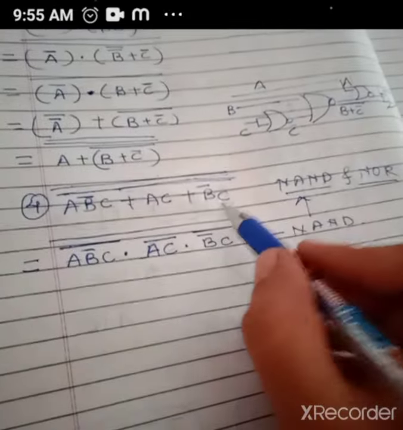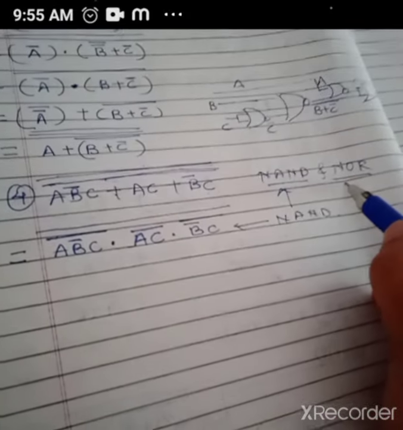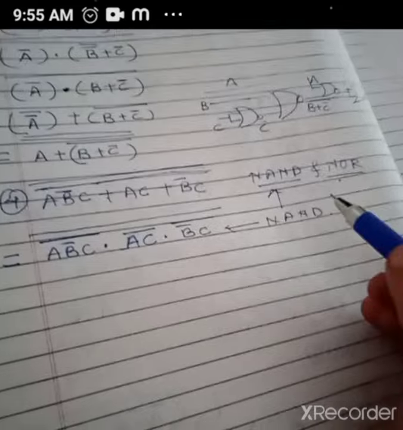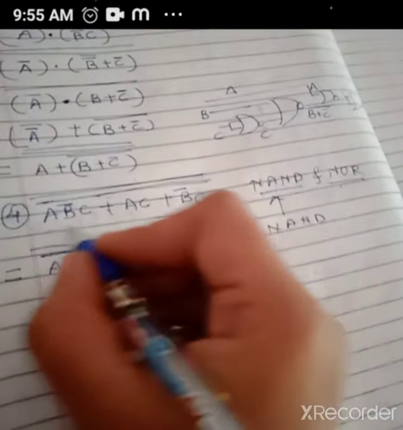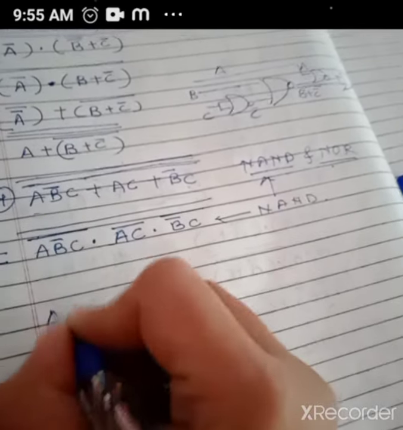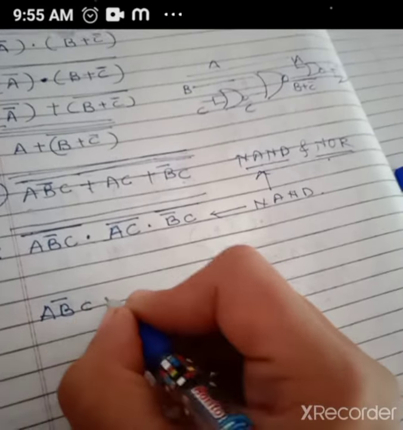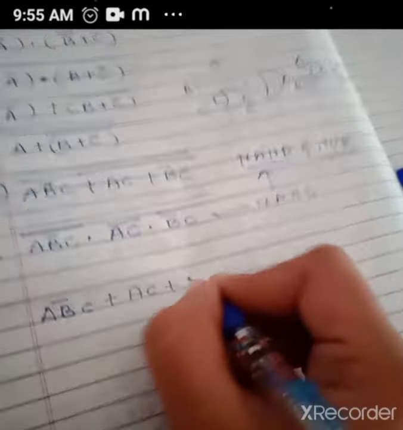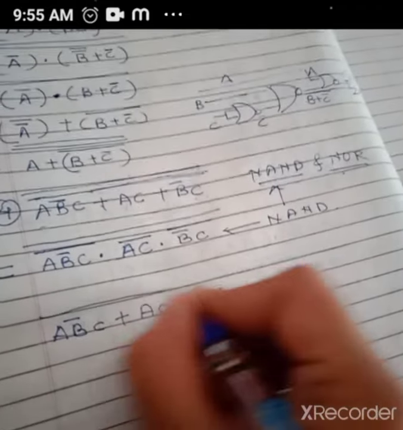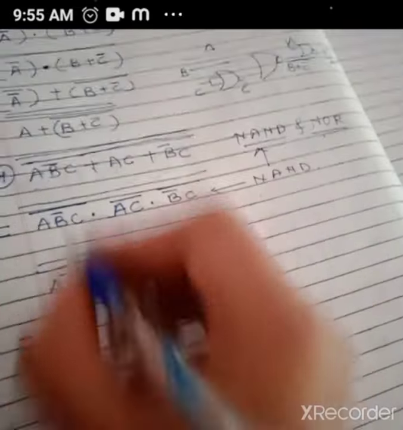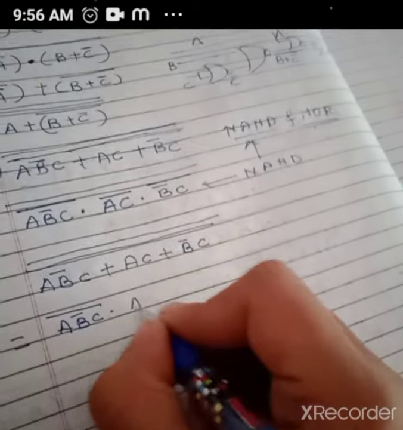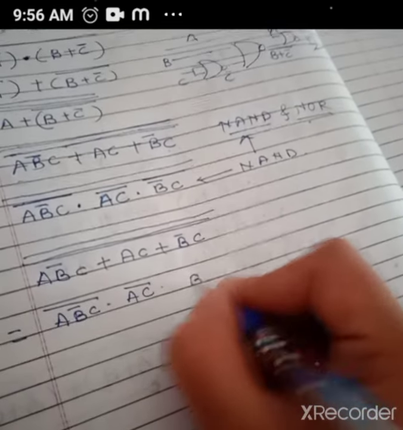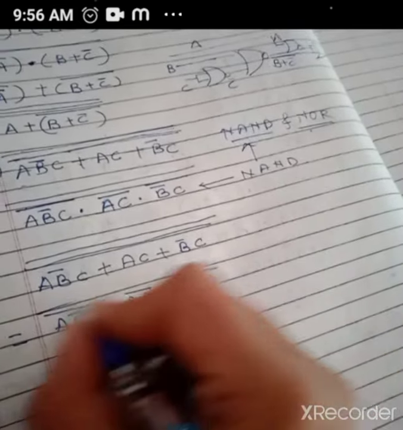Now the given equation we have to convert it into NOR, right? So for NOR you can take this equation once again, put a double bar, same equation, right?